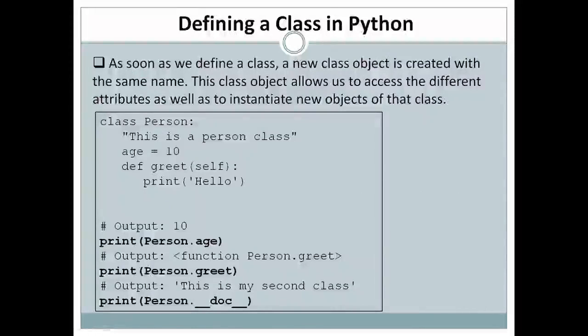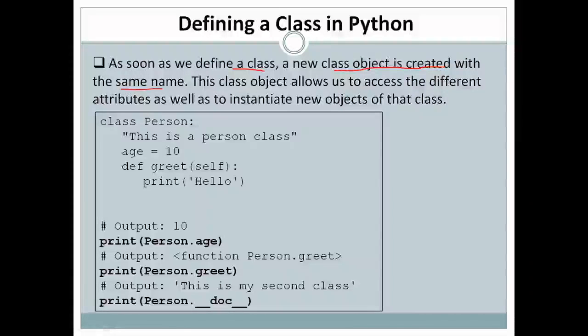As soon as we define a class, a new class object is created with the same name. Whenever you define a class in Python with a particular name, automatically a class object is created with the same name. Suppose I define a class with the name person, automatically a class object is created with the same name, that is person.